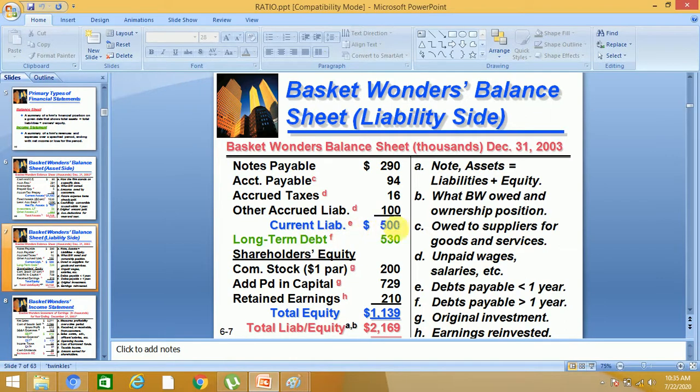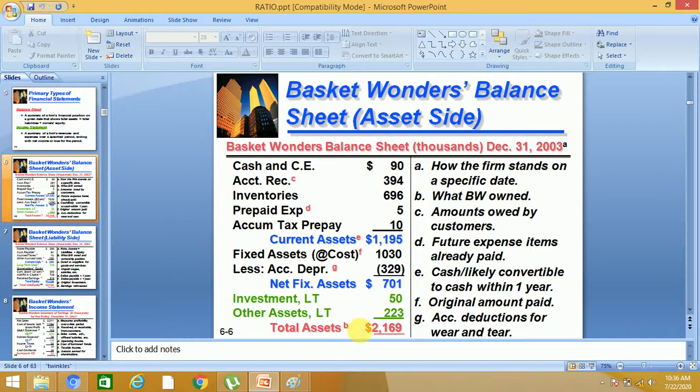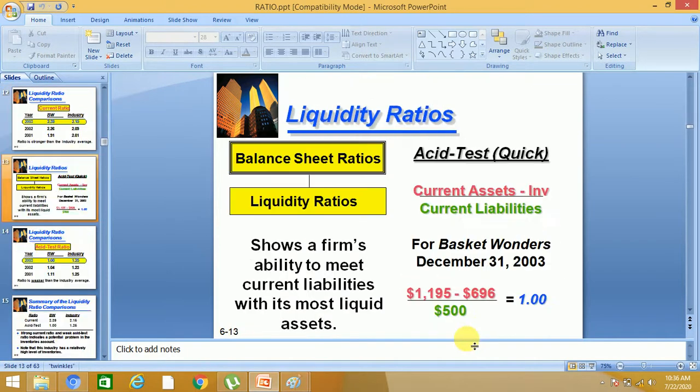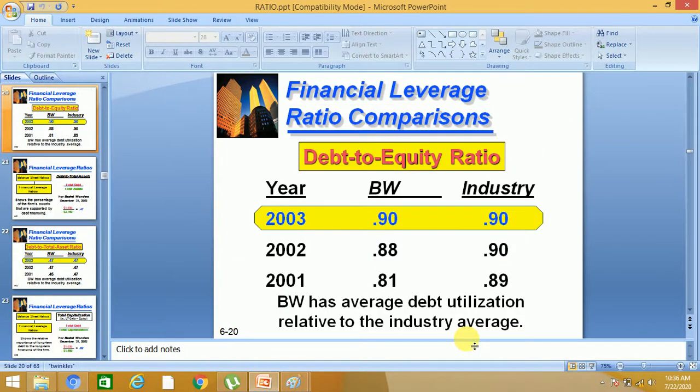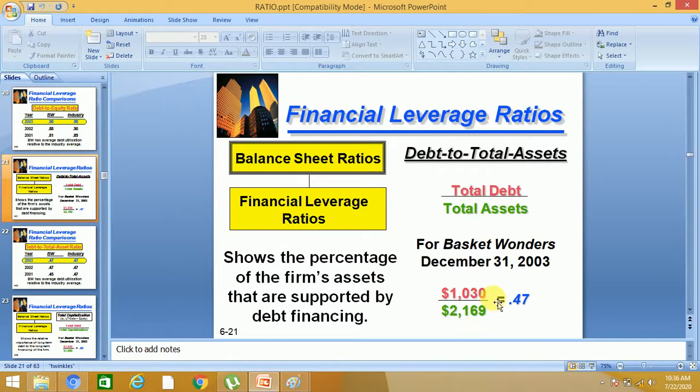This is current liabilities 500. This is long-term debt 530. So the total becomes 1030. And our total assets are 2169. So total debts divided by total assets, 1030 divided by 2169.